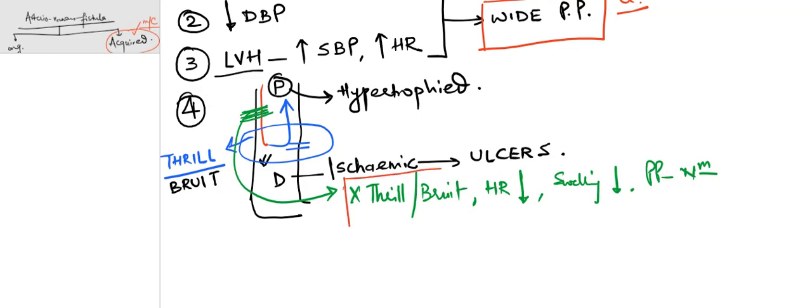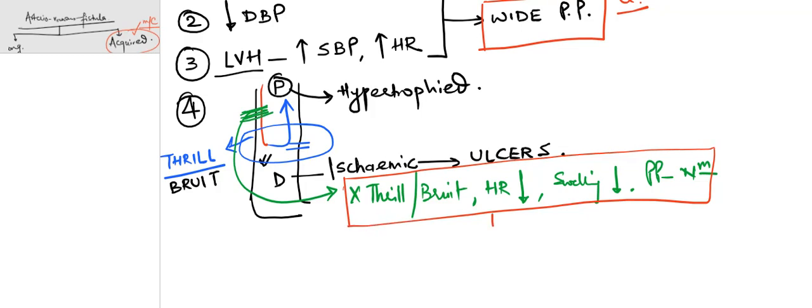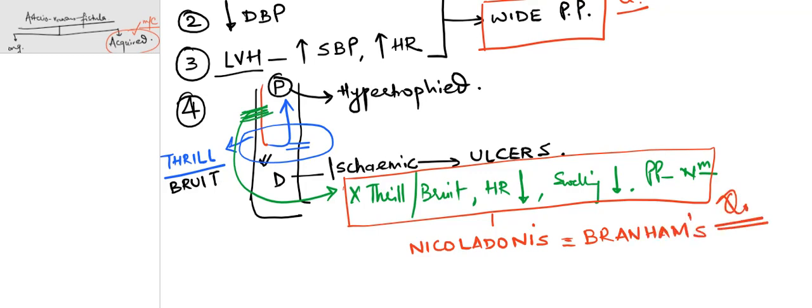When you apply pressure and you see all the features getting normalized, this sign is called Nicoladoni-Branham sign. Nicoladoni or Branham's sign is very important, a potential question. It is when the features of an AV fistula all normalize when you apply pressure to occlude the artery proximal to the site of the AV fistula.